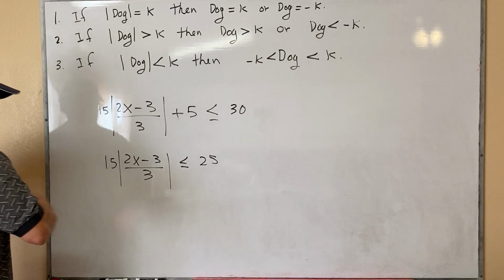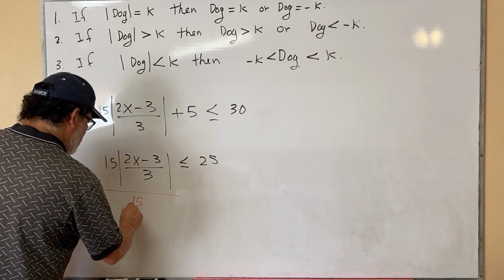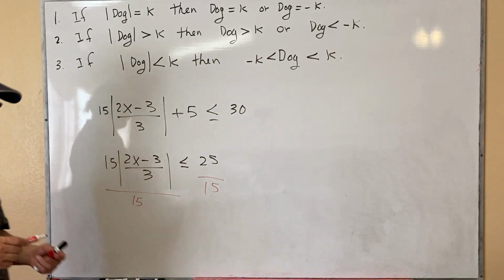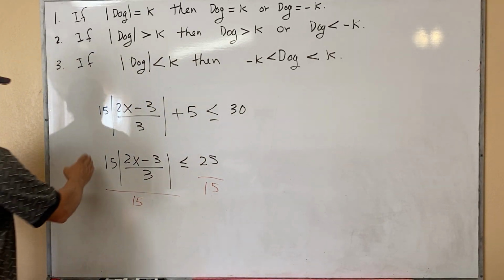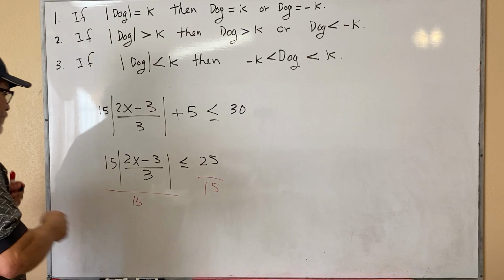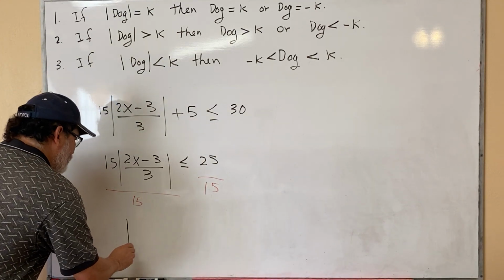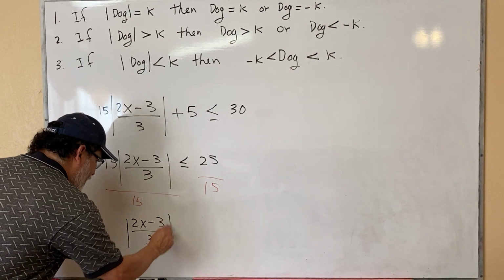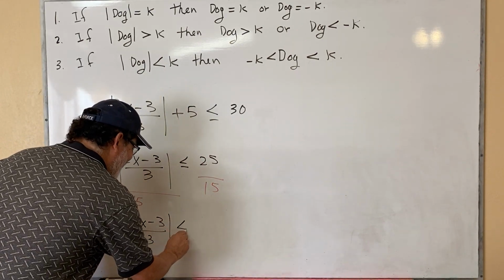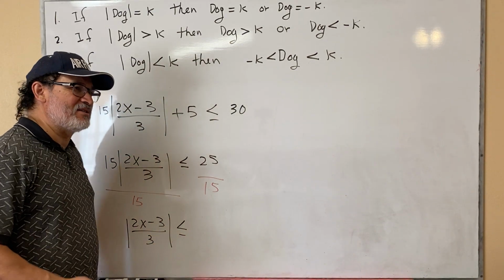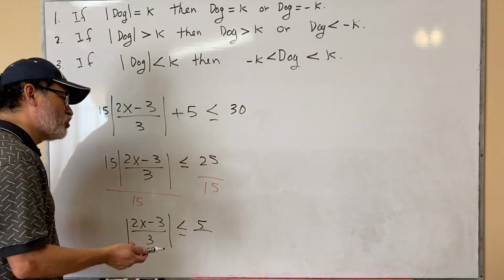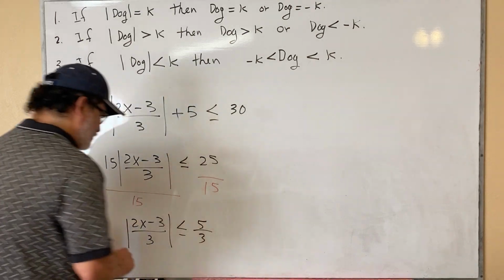You better simplify that. The 15's cancel. And what do we get? Absolute value of 2x minus 3 over 3 is less than or equal to, simplify this, 5 goes into 25, 5 times, 5 goes into 15, 3 times.